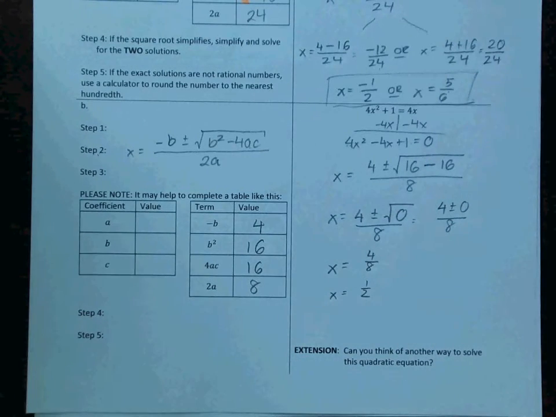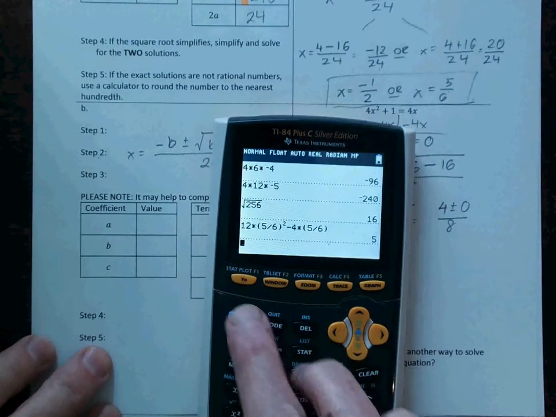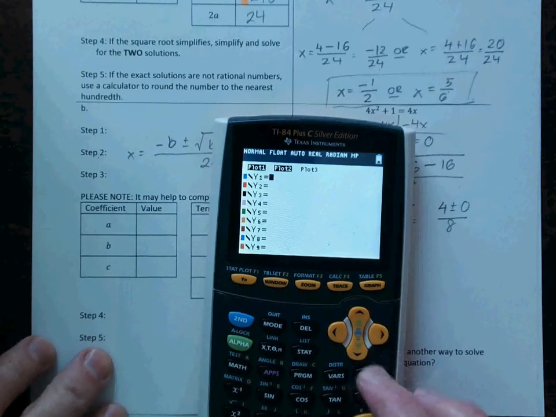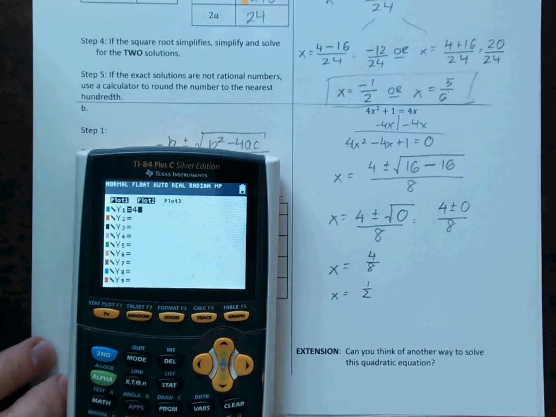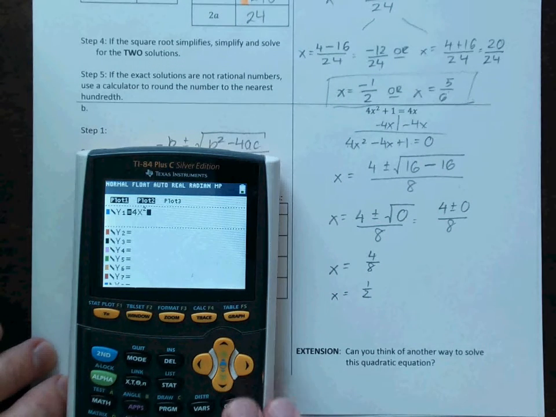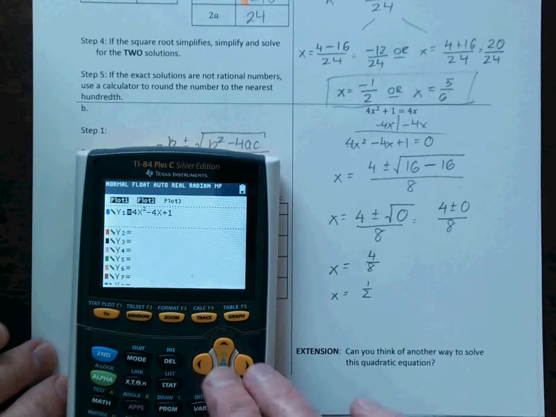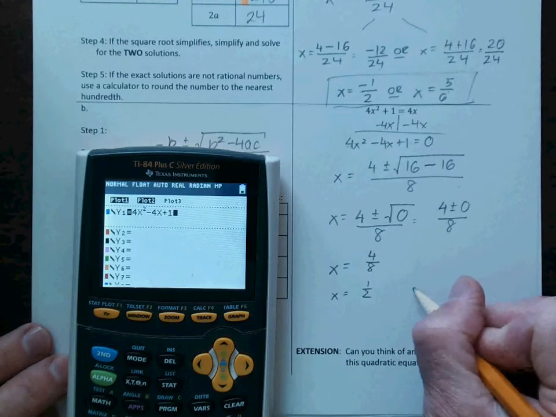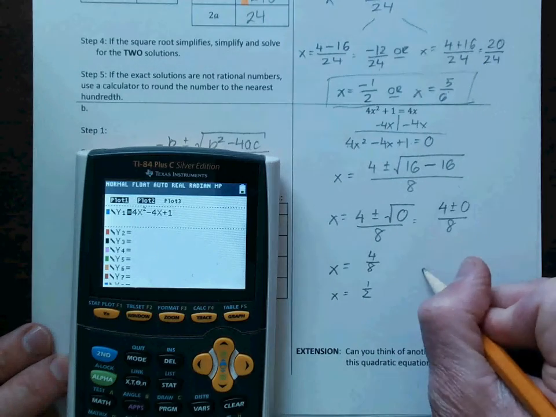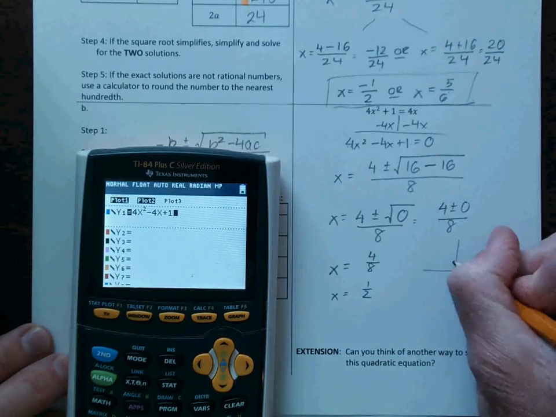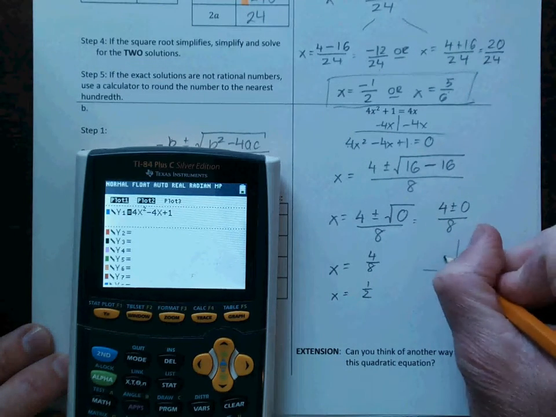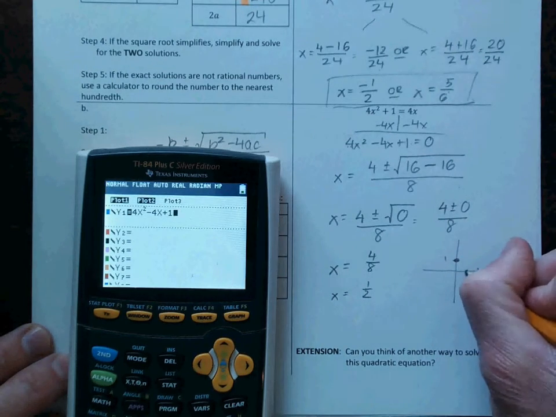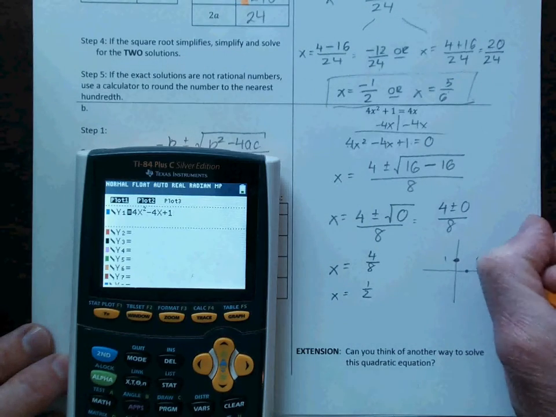And if you looked at this graphed, so if I go into a graphing calculator and I plug this in, 4x squared minus 4x plus 1, what you're going to see is a quadratic that has a y-intercept of 1. The x-intercept is 1/2.